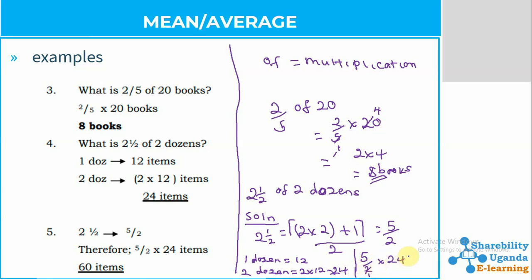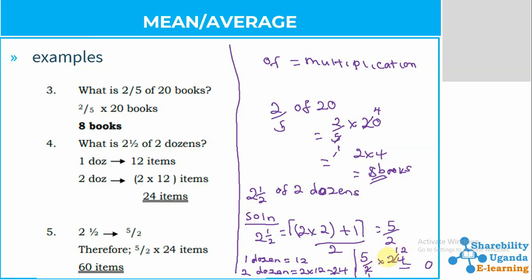So here you cancel by 1, by this 12. So our answer here is going to be 5 times 12.